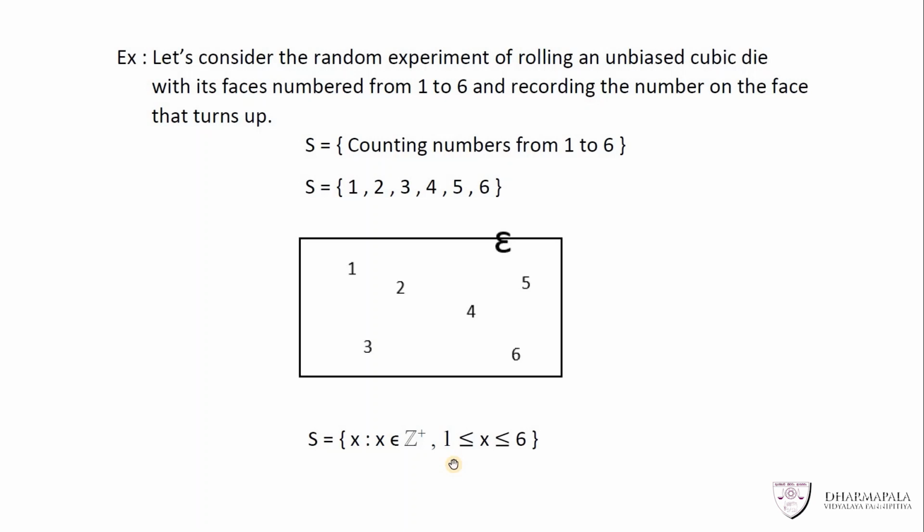So we will give the range of the x values. So it is from 1 to 6. This is the set builder method. You are learning this one in the set lesson also. This way also we can represent a sample space. This is also very important. We will use this method later also. So it is very important to remember this method also.